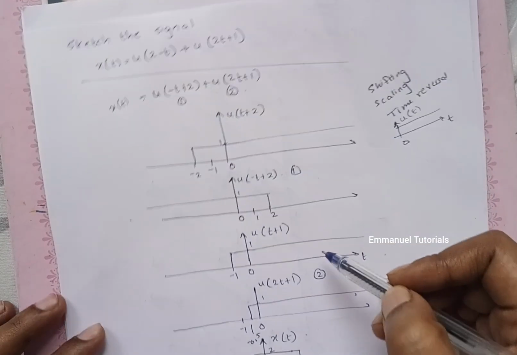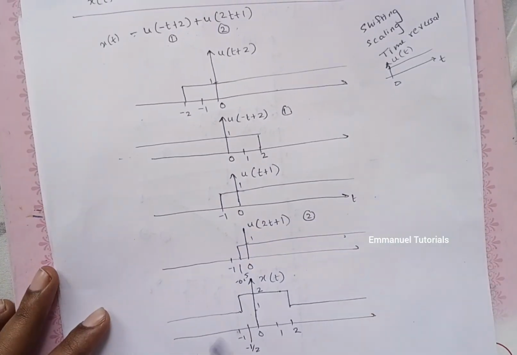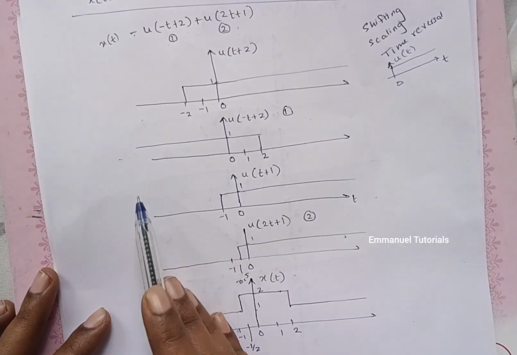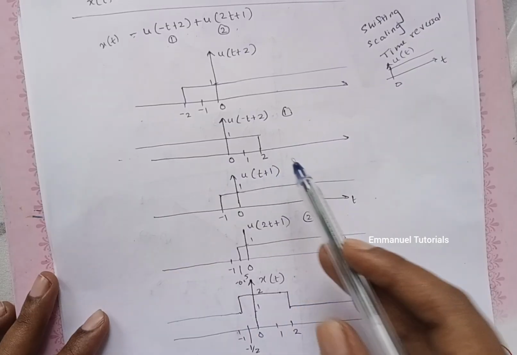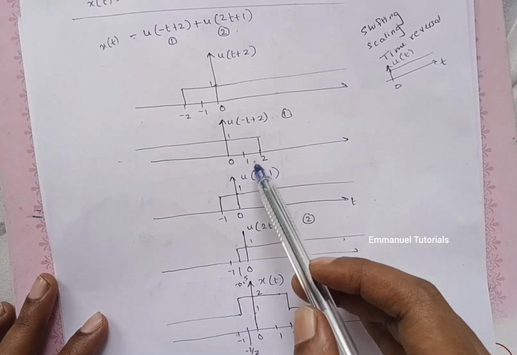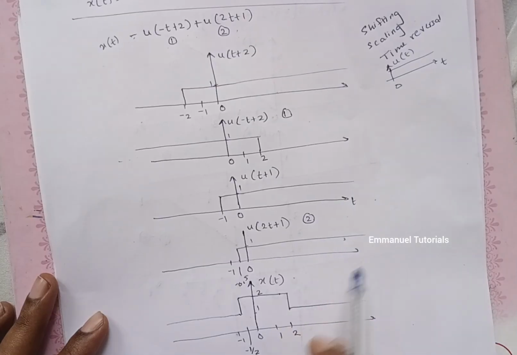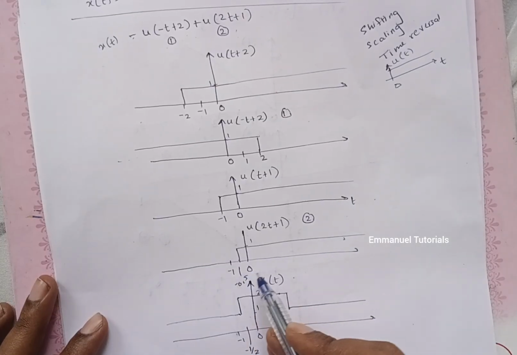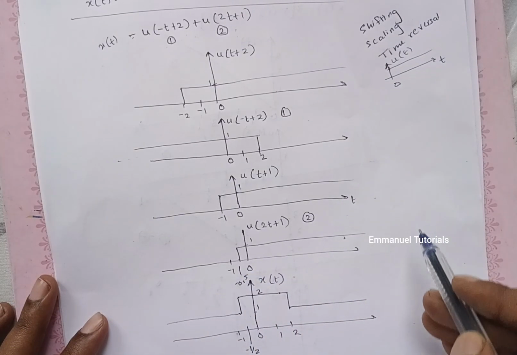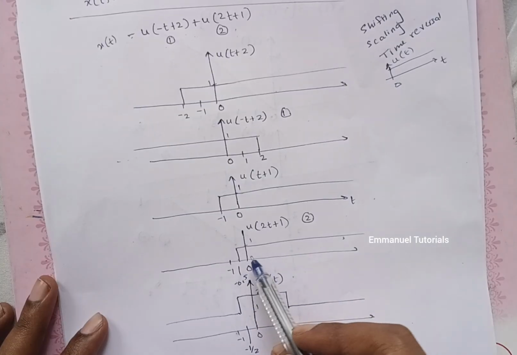Add 1 and 2. When you add both, first signal starts from minus infinity and up to 2 it is 1. The amplitude is 1. Second signal starts from minus 0.5, goes up to infinity with amplitude 1.